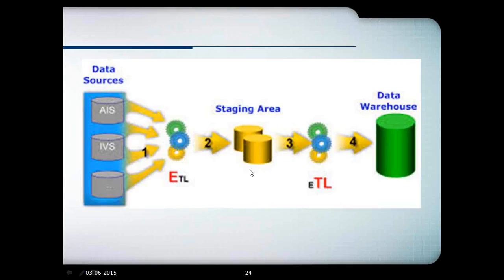Okay, from data sources to staging and staging to data warehouse, we use ETL. We use Informatica in this area to extract the data from the data sources. Here, extraction has two phases. One is pull and the other is push. We call them pull and push.